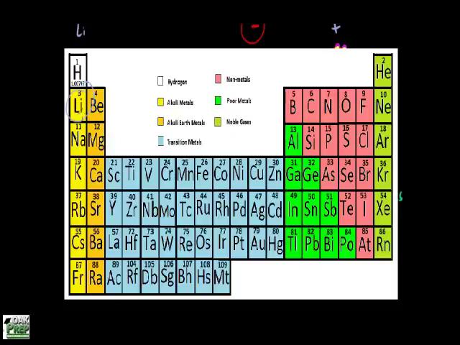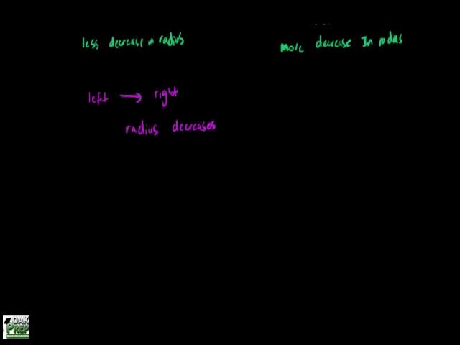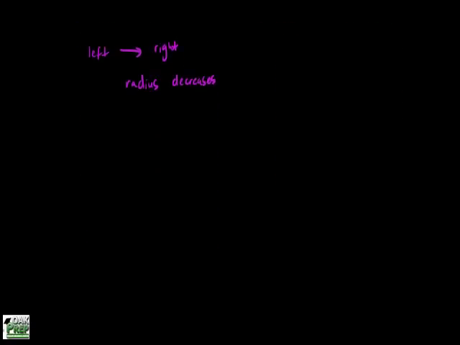So let's use the example again of lithium and sodium, and let's go ahead and do the same exact thing we did up here. So lithium, we said it has 3 protons, and sodium has 11. So let's quickly draw in the atoms.